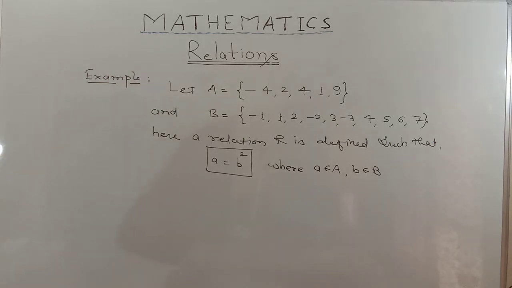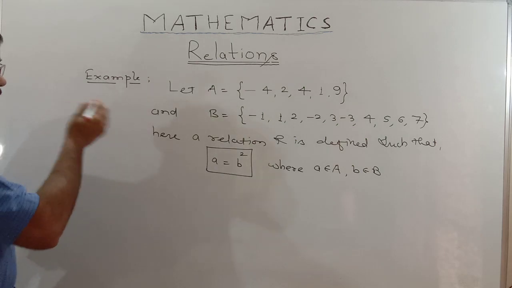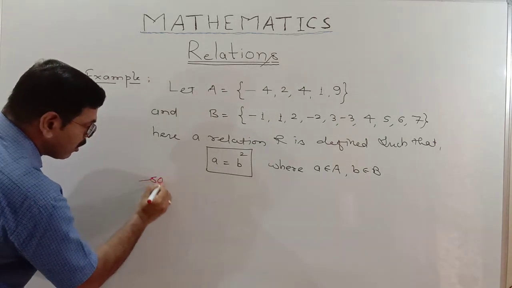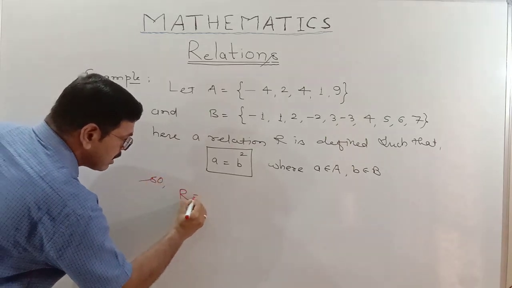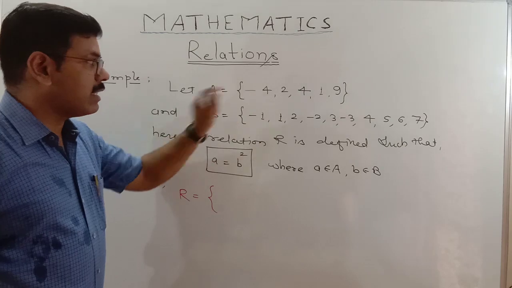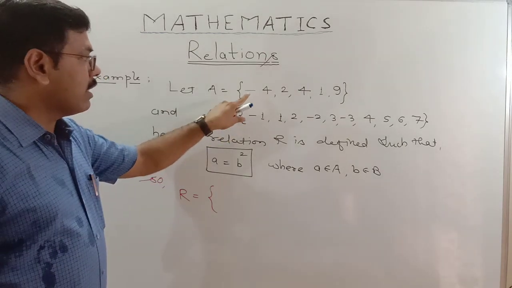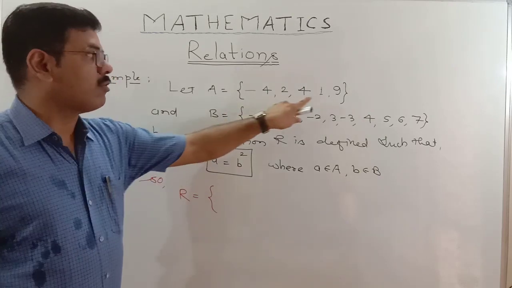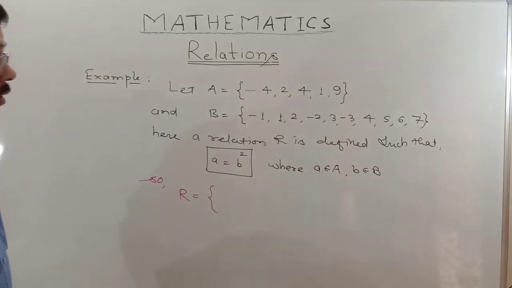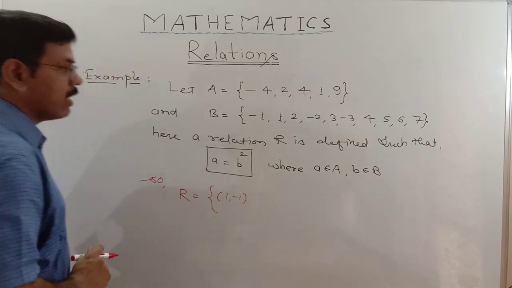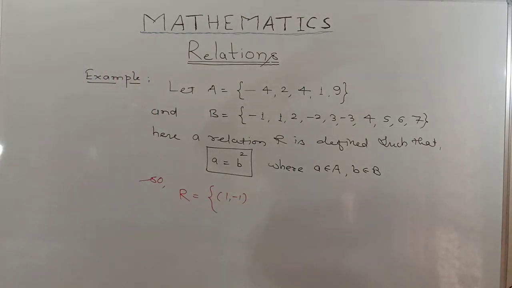Now we are determining the relation. What is R here? R is equal to, now ordered pairs. If a means this, we put b as -1. The square of -1 will become 1, so (1, -1) is a relation pair. Is it clear?